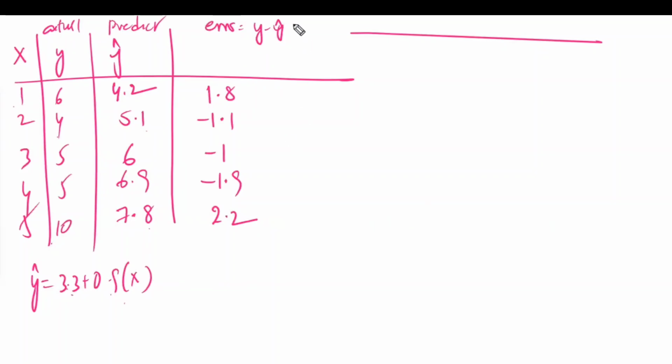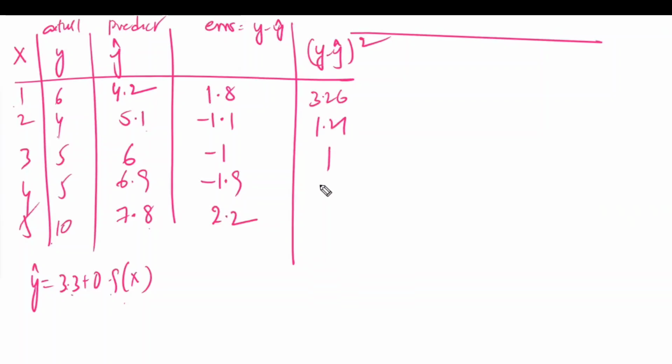Now, after calculating the error, we are going to calculate the error square. That is 1.8 whole square, 3.24. Minus 1.1 whole square is 1.21. 1 square is 1. 1.9 square is, what is 1.9 square? 3.61.